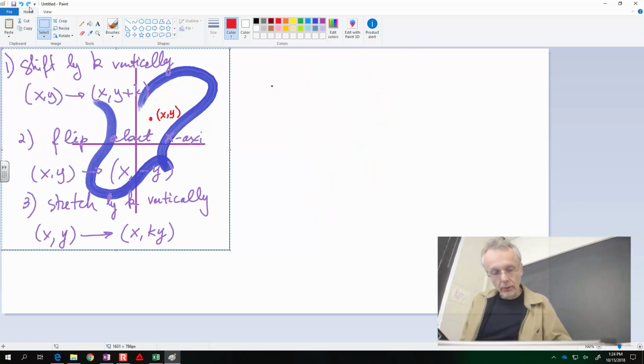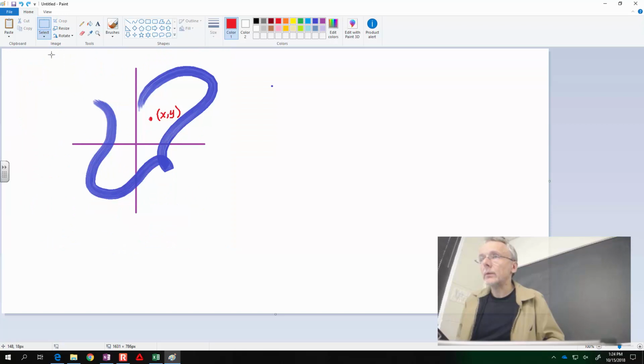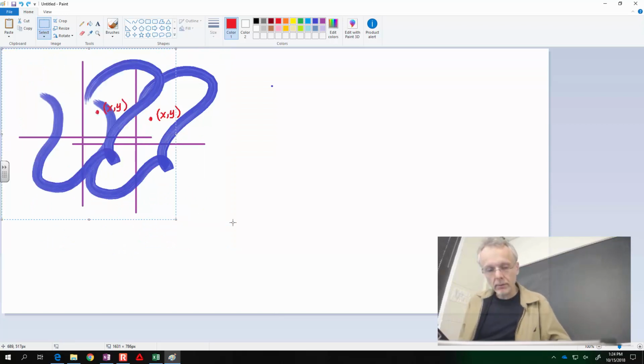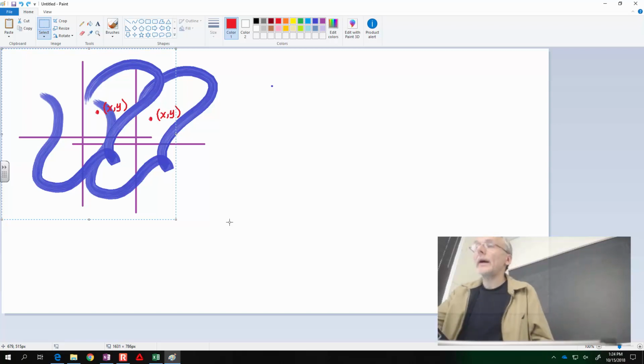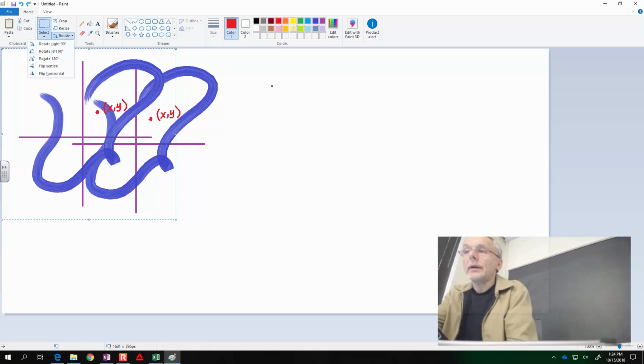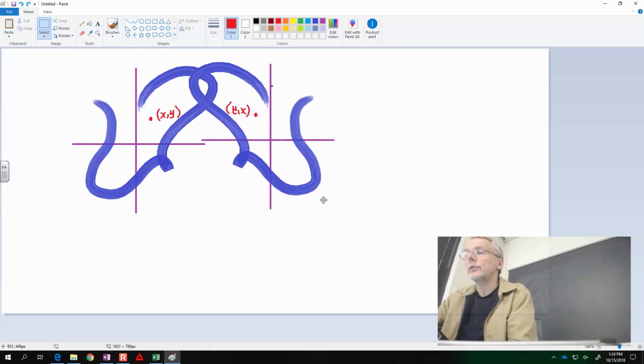Oops, that's not the right one. So let me just do the other flip. So I flip it about the y-axis this time. So it is a flip horizontal, right? So x has changed, so the flip is horizontal.